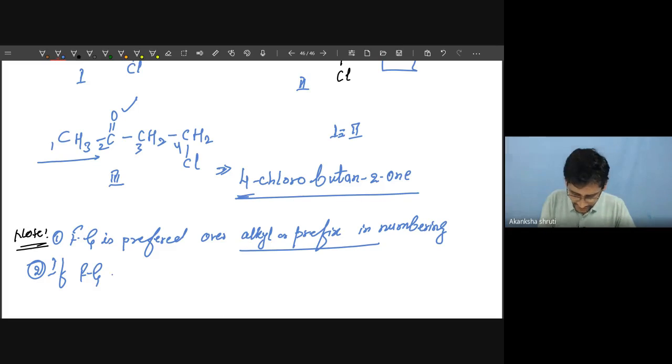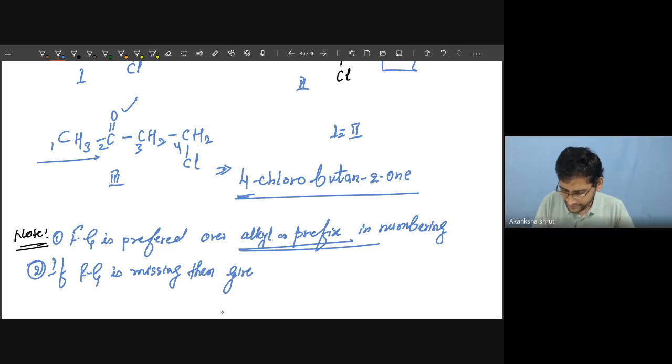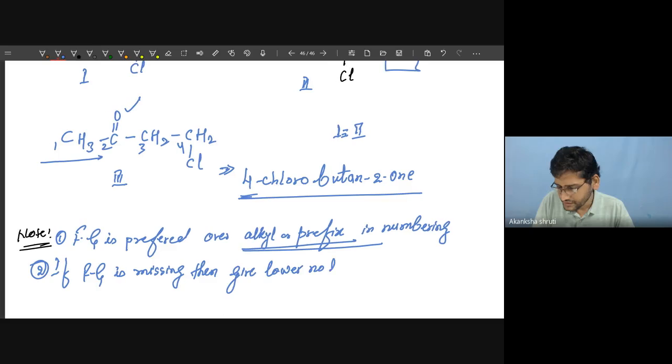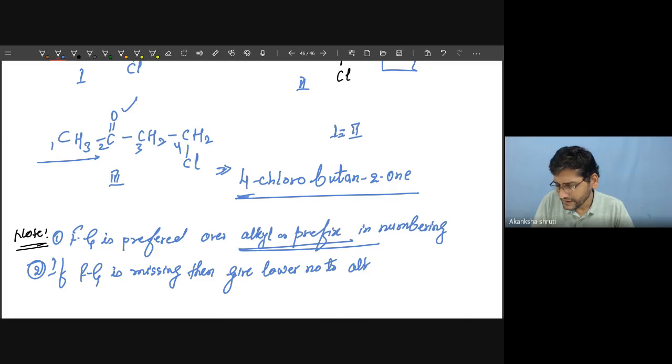If the functional group is missing, then give preference or weightage to this alkyl group, then give the lower or lowest number to the alkyl or prefix.